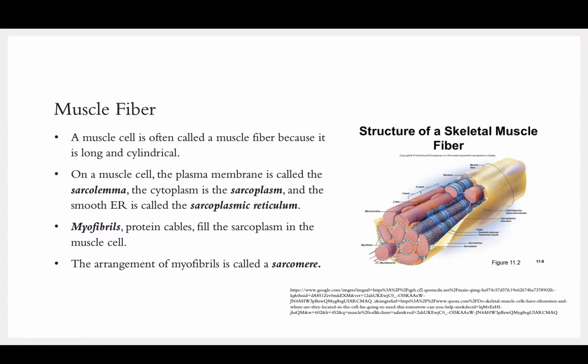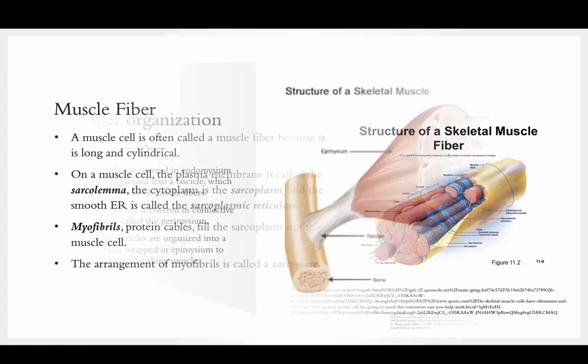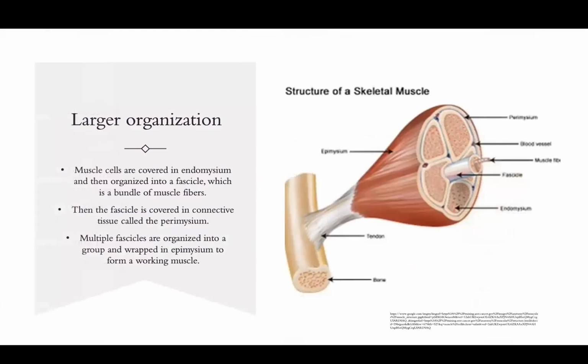The little blue, it looks like veins on the side of the myofibril. The myofibril is a protein cable filling the sarcoplasm in the muscle cell. The arrangement of myofibrils is called a sarcomere. This is the larger organization of muscle cells.